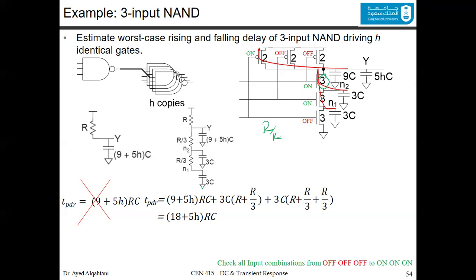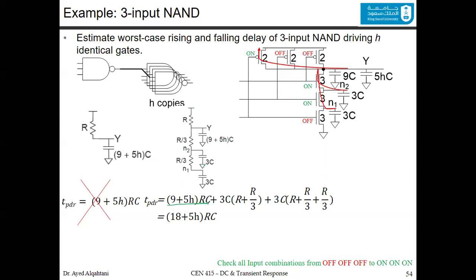Similarly, for N1, you have 3C, and you are moving through 2 resistances now, which are R over 3 and R. Now, you could apply the Elmore delay model or the RC ladder by charging each one of these capacitances by the VDD. So you have 9 plus 5H C going through one resistance.